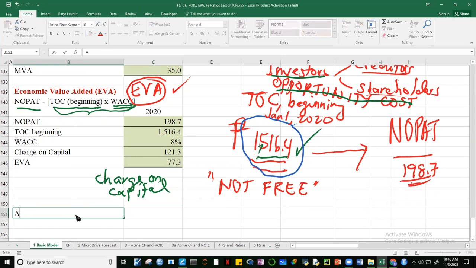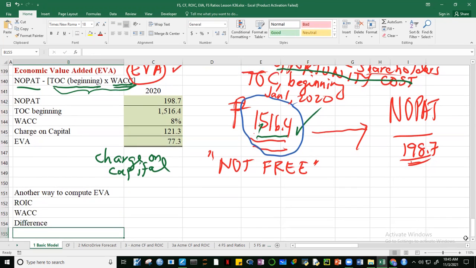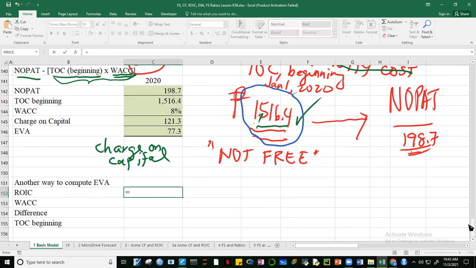Now, quickly, guys, another way to compute EVA. We compare ROIC and WACC, and then the difference, and then we compute for the TOC beginning. So quickly, guys, what was ROIC?